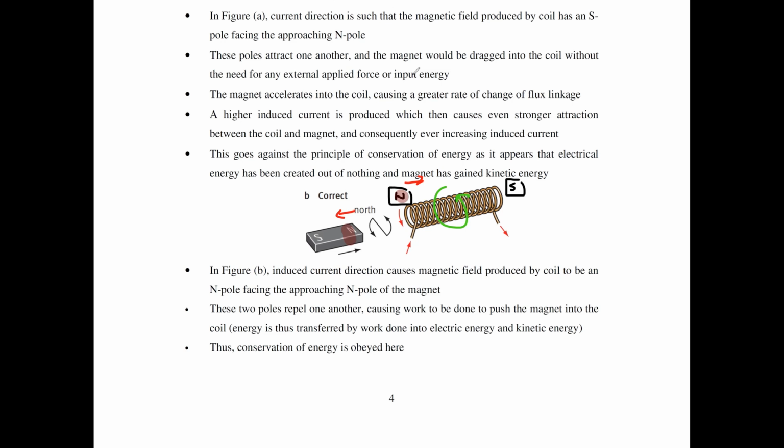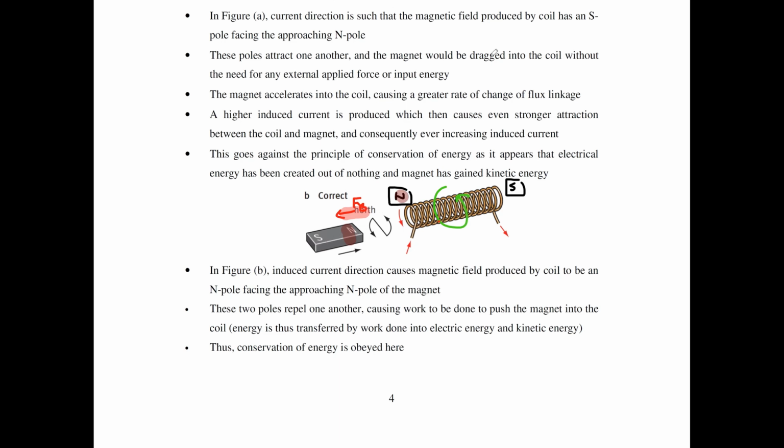So what you're more interested in is the magnetic force that's acting on your magnet itself. So see, from here, your induced current inside a solenoid causes a magnetic force that's trying to oppose your magnet from going in.